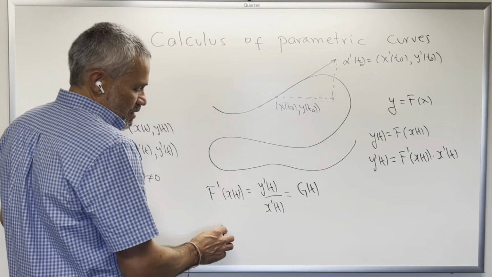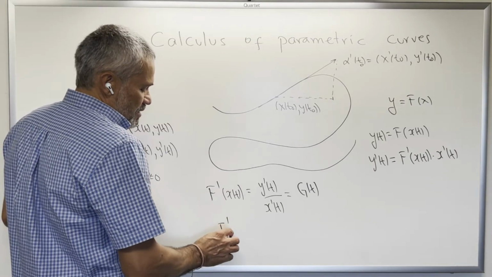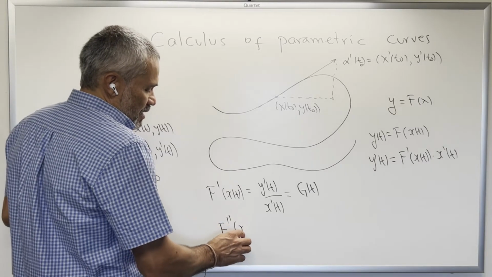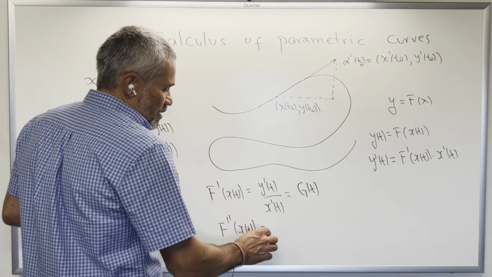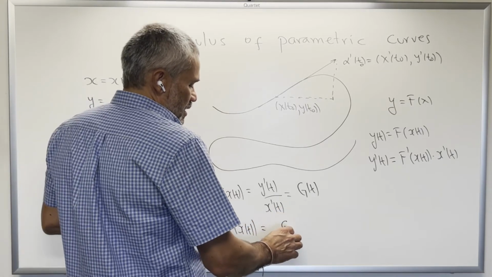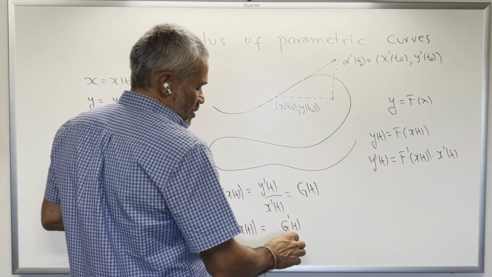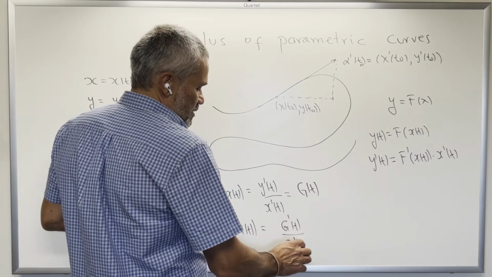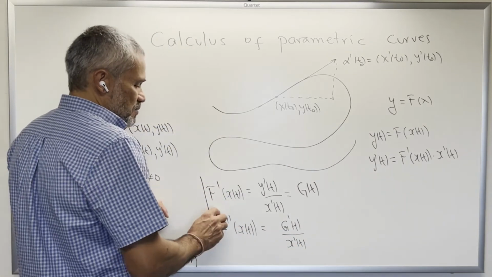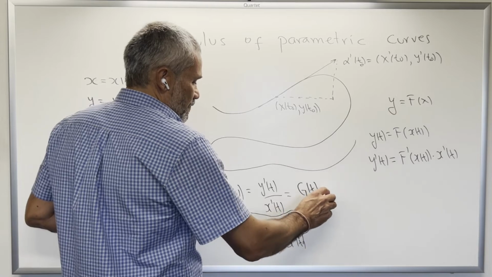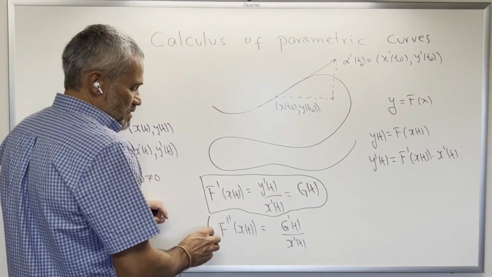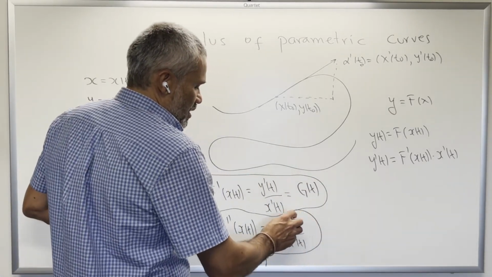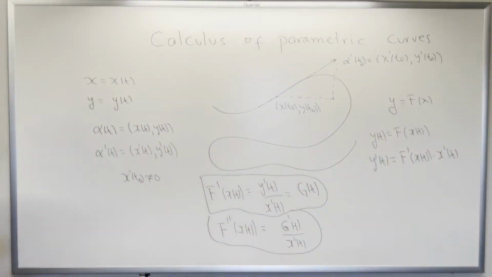Using the same argument, the second derivative evaluated at x of t would be g prime of t over x prime of t. Then this is the expression for the first derivative, and this is the expression for the second derivative.